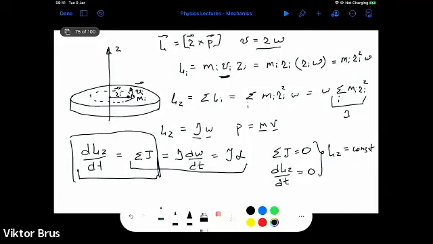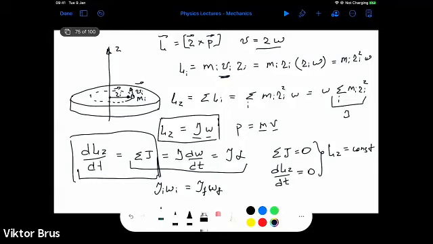So from the definition of angular momentum in terms of moment of inertia and angular velocity, initial moment of inertia times initial angular velocity will be equal to the product of final moment of inertia and final angular velocity.